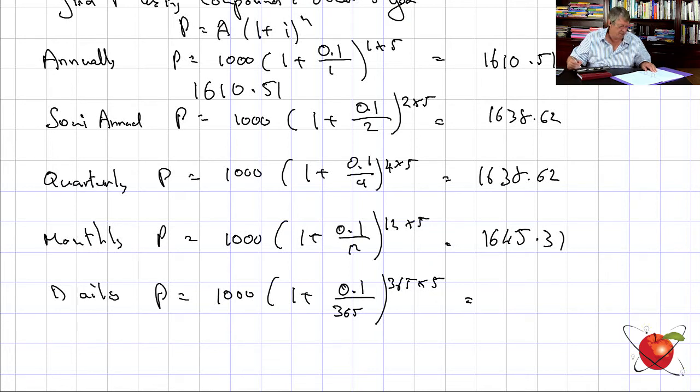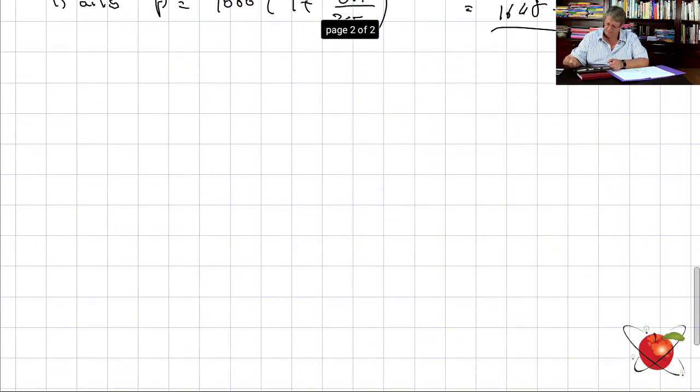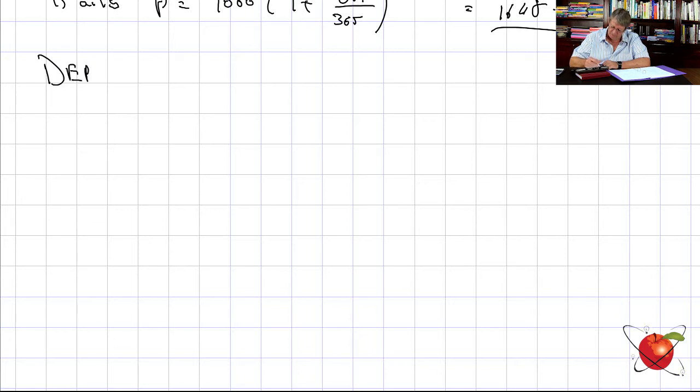My final answer is 1,648.61. So we'd obviously all choose to have it compounded daily. That is not, generally speaking, how the banks are going to work these out. The next step is now I want to look at depreciation.